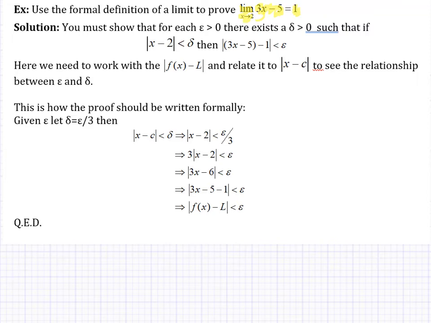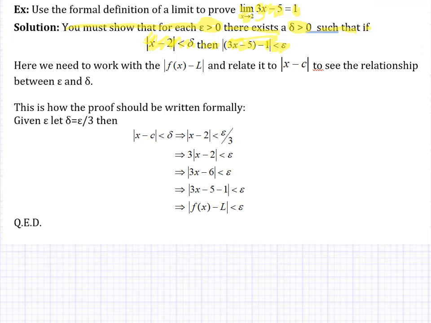So what we want to do is prove that this limit does in fact equal 1 using this delta epsilon definition. So you must show that for each epsilon greater than 0, there exists a delta greater than 0 such that if the absolute value of x minus c, in this case 2, is less than delta, then f of x, which is 3x minus 5, minus L, which is 1, is less than epsilon.